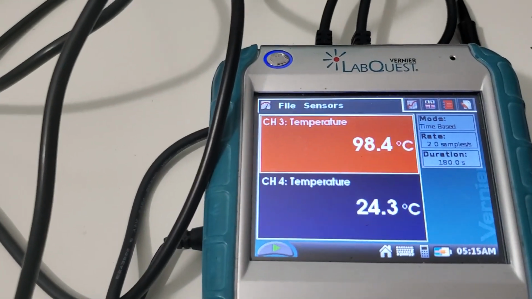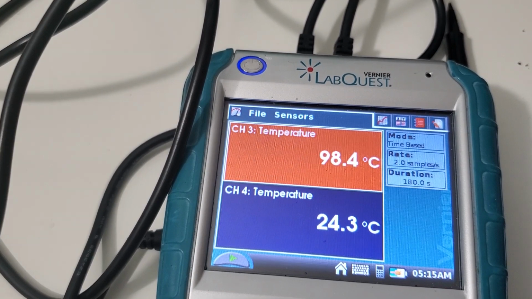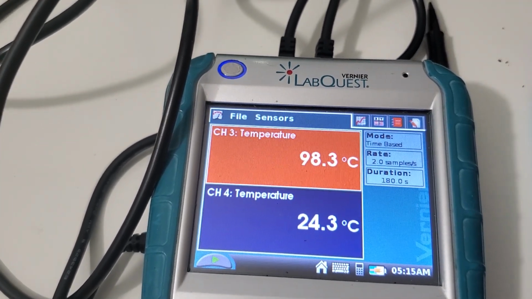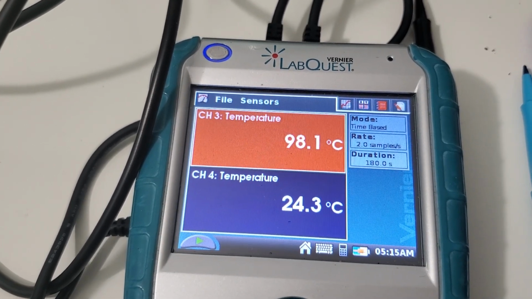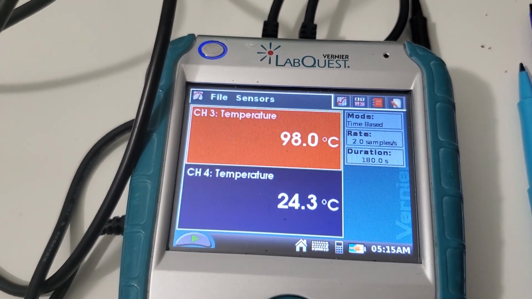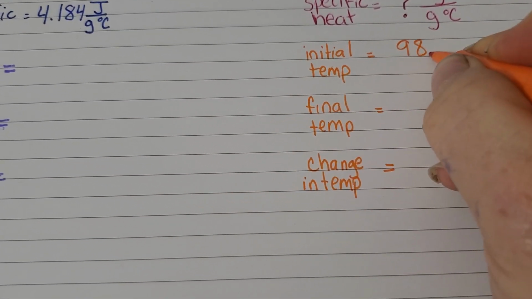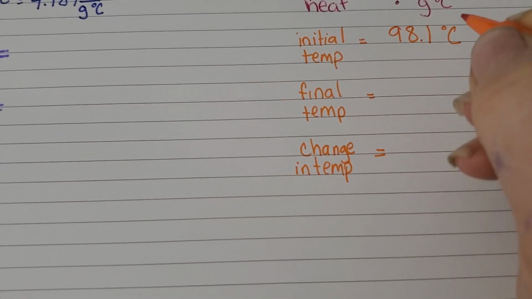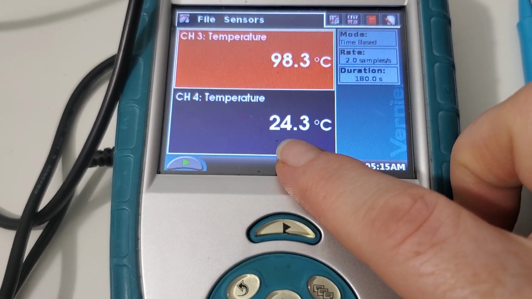So the initial temperature it has is 98. Let's say 98.1. So our initial temperature, 98.1 degrees Celsius.